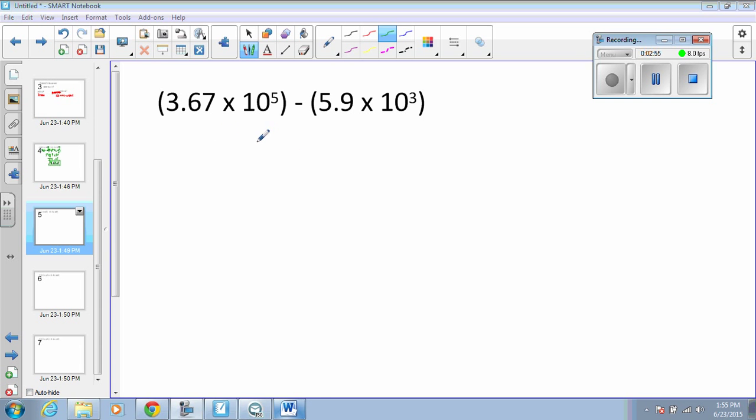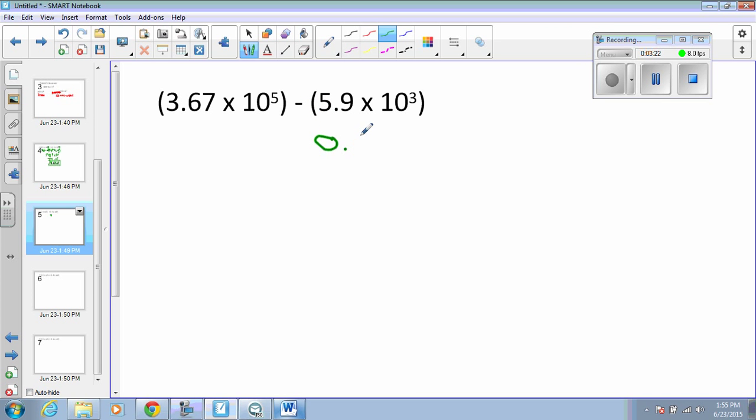Subtraction works similar to addition, where you want your powers of 10 to match up. So this is 10 to the fifth, this is 10 to the third. So let's make this into 10 to the fifth power. In order to do that, we'd have to move the decimal 2 times to the left.